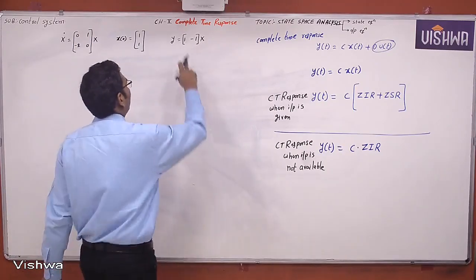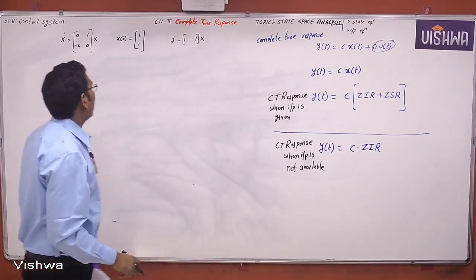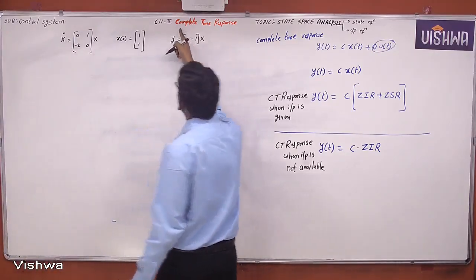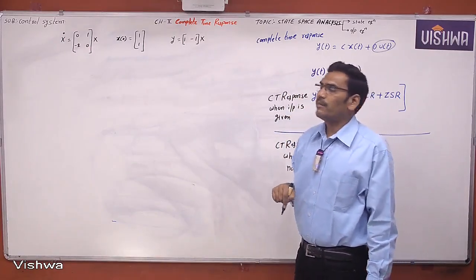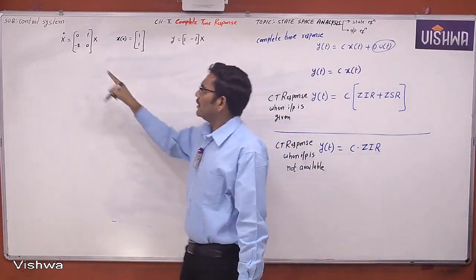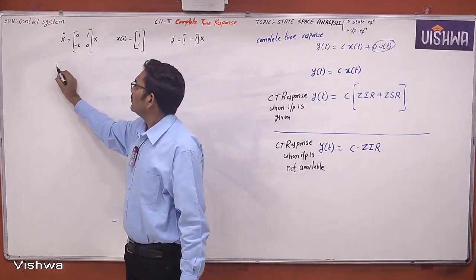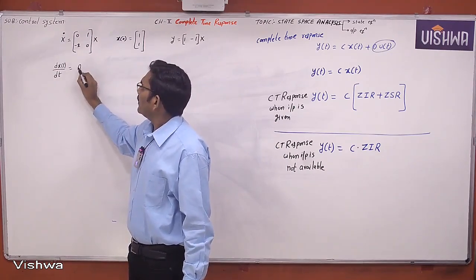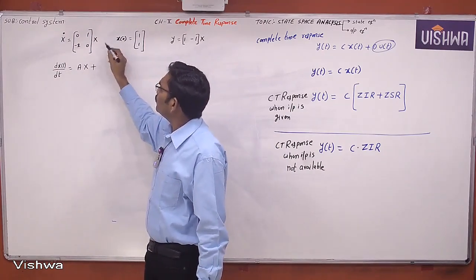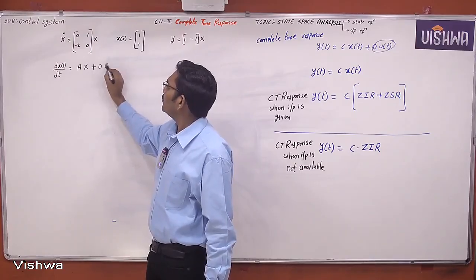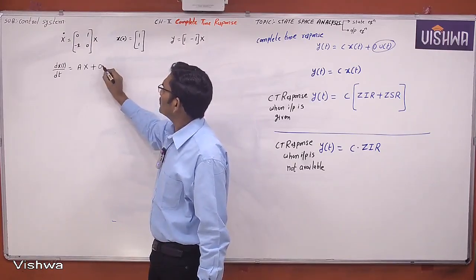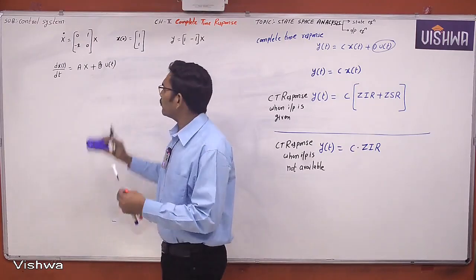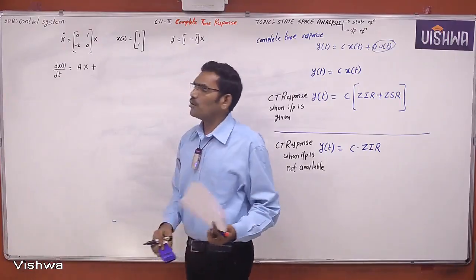Then immediately in your mind you want to have some idea. See here, this is dx of t by dt, which is nothing but A into x plus B into u of t. But in this particular question, there is no B, there is no u.